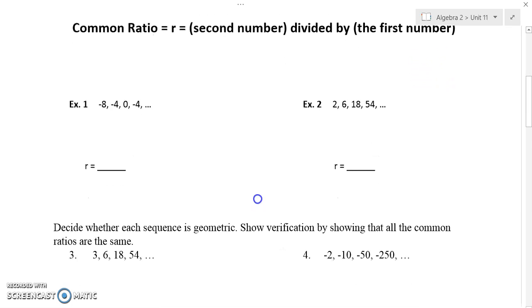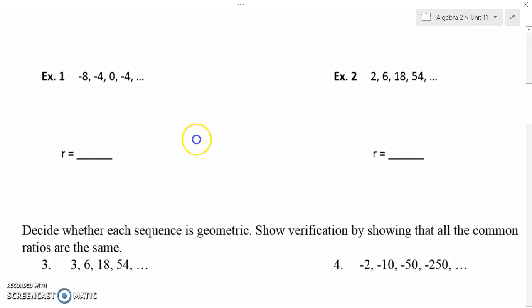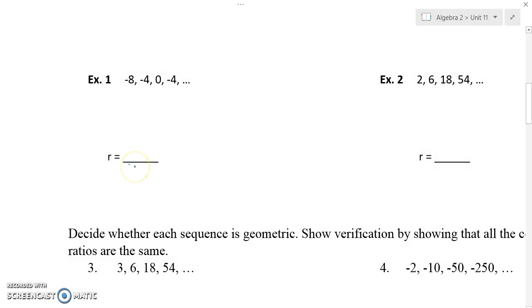So let's go ahead and look at example 1 to see what the common ratio is. It's asking for the r. So a quick way is just to do r equals the second number divided by the first number, which reduces to 1/2. I am going to check to see if that's the case for the next one. So I'm going to do r equals the third number divided by the second number, and that's 0.